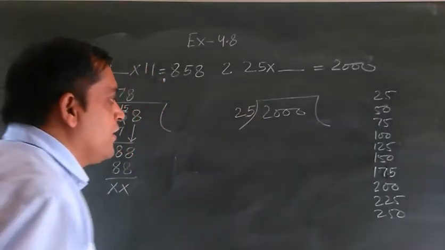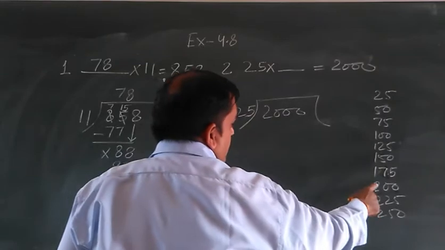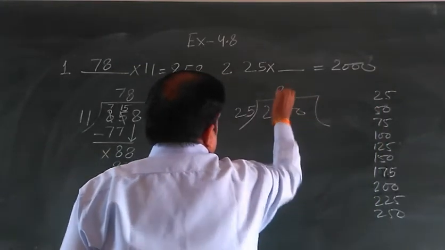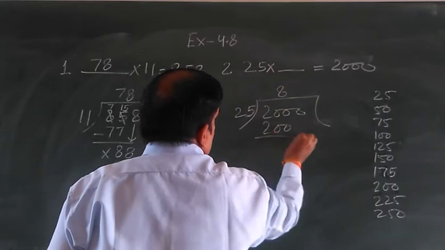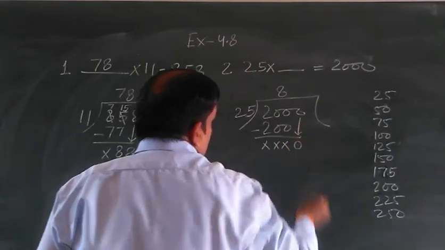It is the table of 25. So you see here you get 200. How many times? 1, 2, 3, 4, 5, 6, 7, 8. 8 times you get 200. Now you see here the 0 is coming down from here.